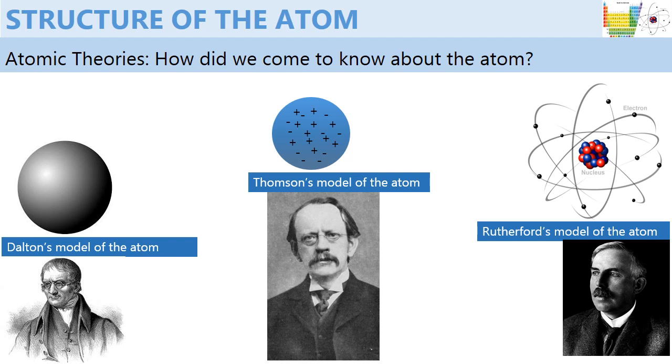The protons were positively charged, while the neutrons did not have any charge. Surrounding the nucleus was an empty space that was filled with fast-moving particles known as electrons.